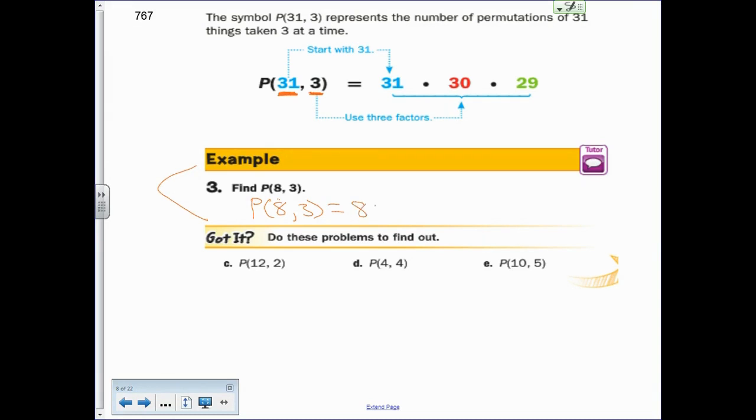There are going to be 7 possible outcomes for the second choice, and there are going to be 6 possible outcomes for the third choice. So when I multiply that together, 8 times 7 times 6, I get 336 different permutations of 8 items taken 3 at a time.